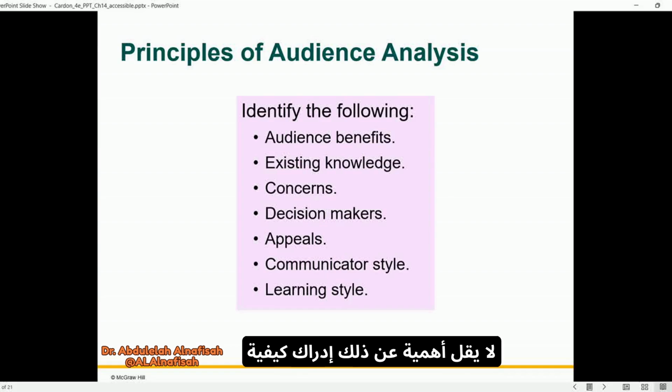Equally important is recognizing how your audience learns best and what appeals to them. Audiences vary in their motivational values and learning styles. Some prefer facts and precision, while others respond to emotional connections or practical benefits. Visual learners benefit from illustrative slides.